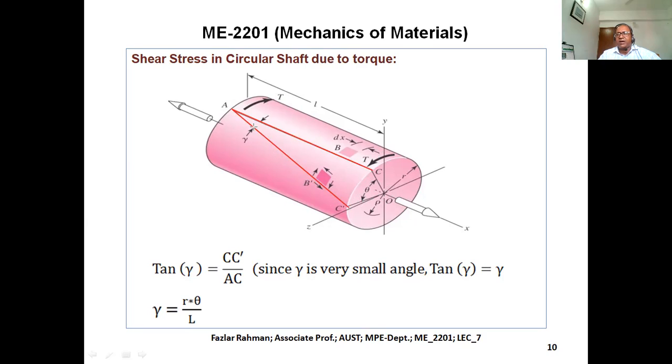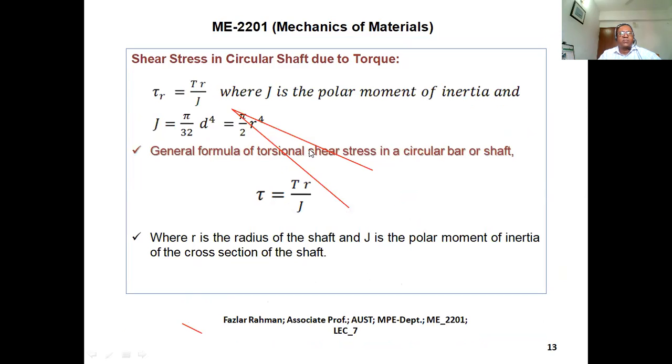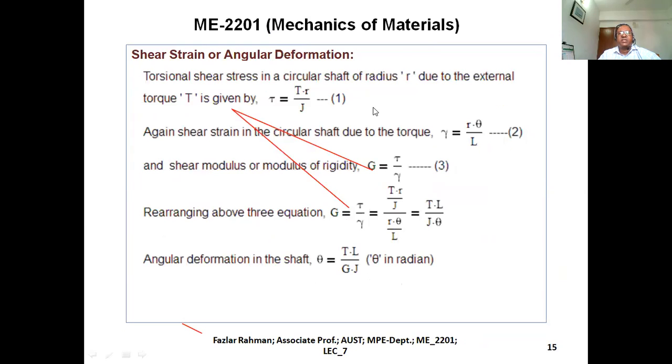And if I take tan gamma equal to base by perpendicular, the base is CC prime, and AC equal to the length of the shaft, so there comes L. And CC prime, if this is theta, then the length of the arc is R theta. So gamma equal to R theta divided by L. So by using this one and this formula, let me see.